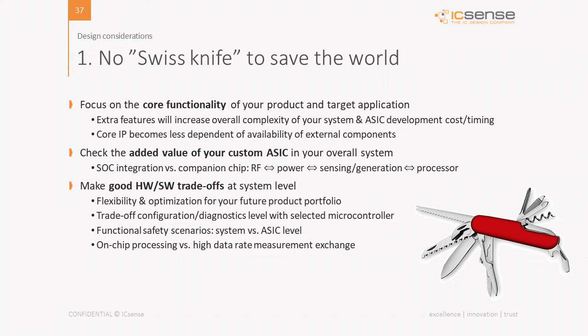Are you targeting a fully programmable ASIC via the microcontroller, or do you prefer to have it all hard-coded on the ASIC? For example, we see cases where the pulse shapes are continuously generated by the microcontroller, so that you have a very simple ASIC as such. Or do you prefer to work with, for example, an exchange of burst parameters set by the microcontroller with one command, and the ASIC will autonomously generate the burst of pulses? You need to make good trade-offs on that.